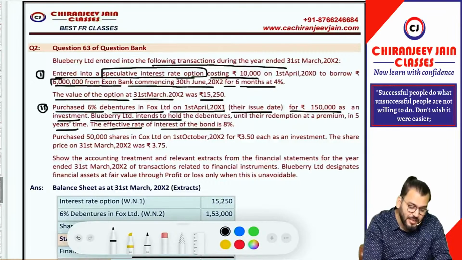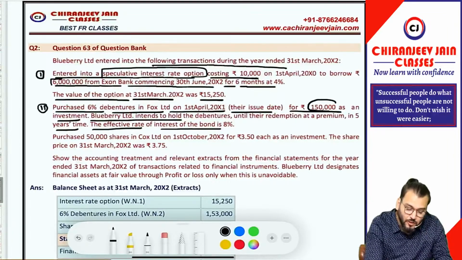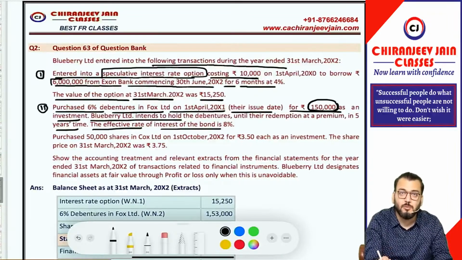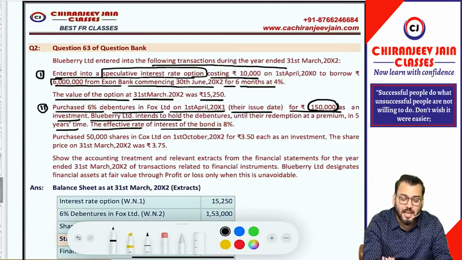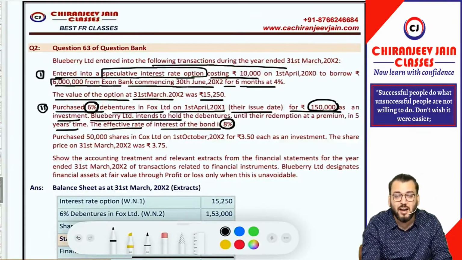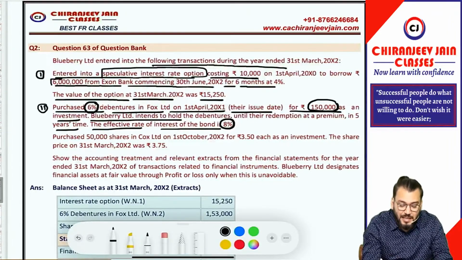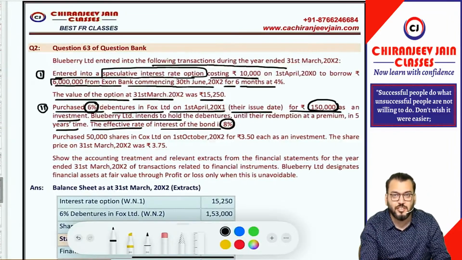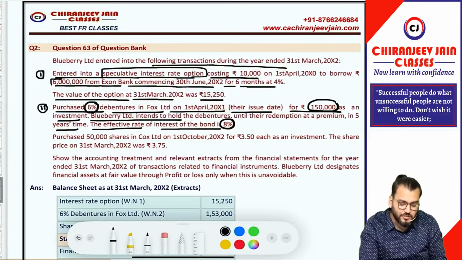It means the initial journal entry will be investment account debit to bank at rupees 1,50,000. Then subsequent recognition will be done at amortized cost by applying EIR. The contractual rate of interest is 6% and EIR is 8%, which means you recognize interest income by applying 8%, not 6%. Correct? So what journal entry have they done?